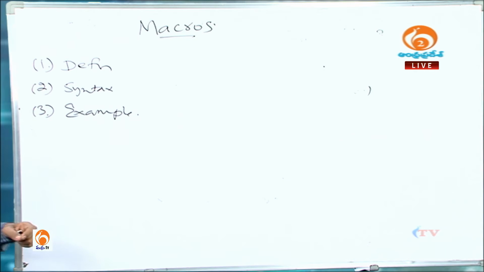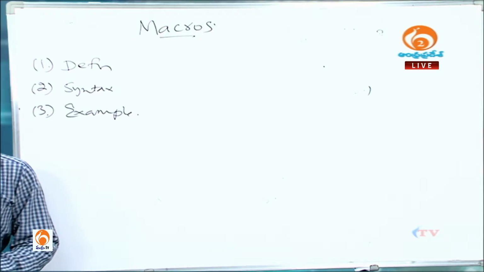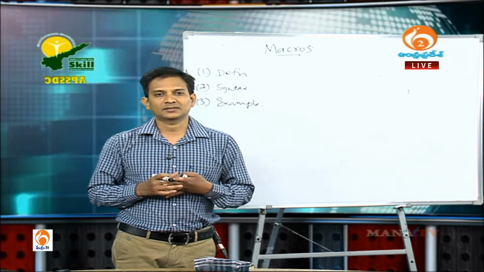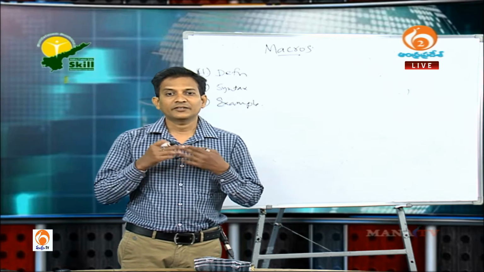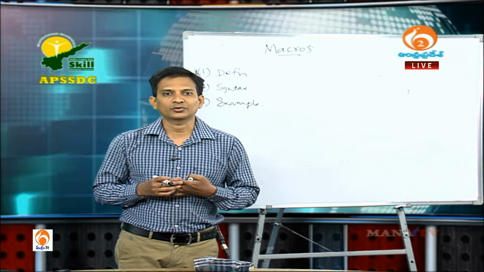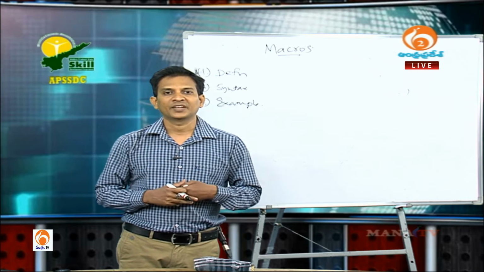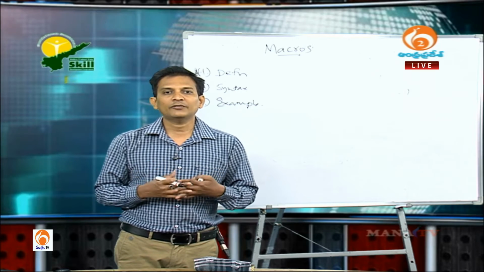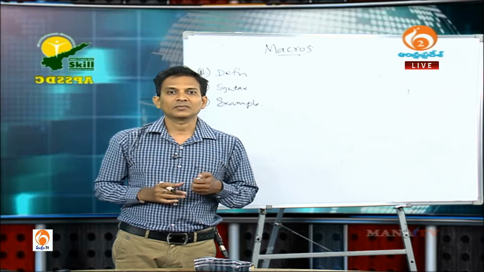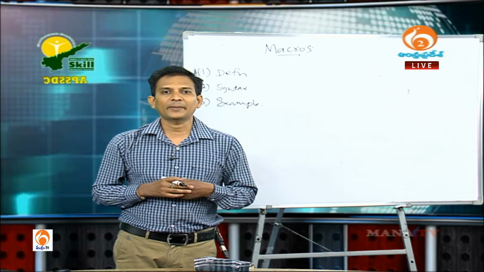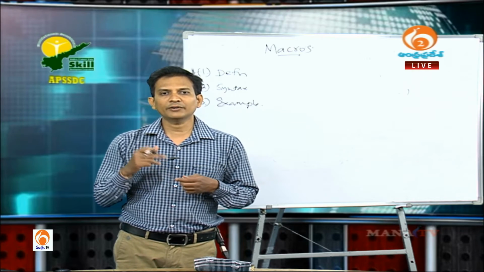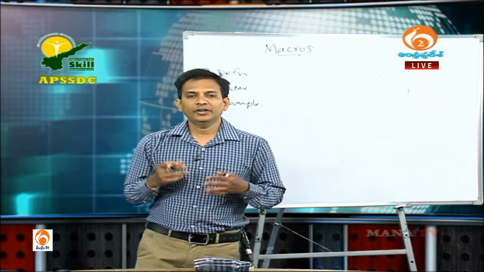Now how to define the macros? A macro is a value or expression or a group of statements. Macros mean substitution. It is just like a function call. Whenever the macro call is there, whatever you define in the macro is substituted wherever you call it.